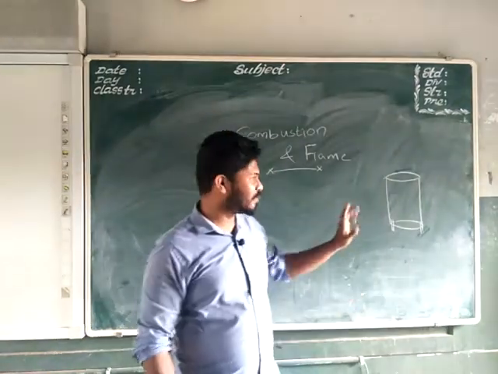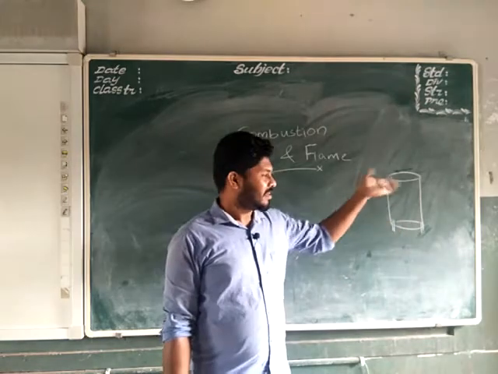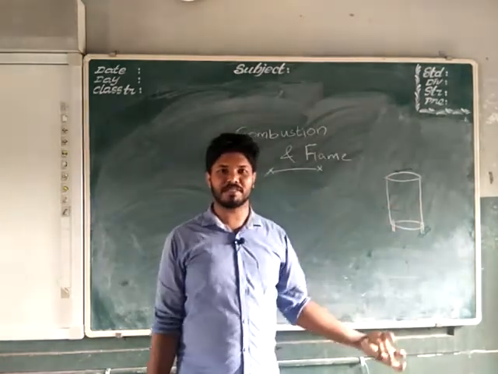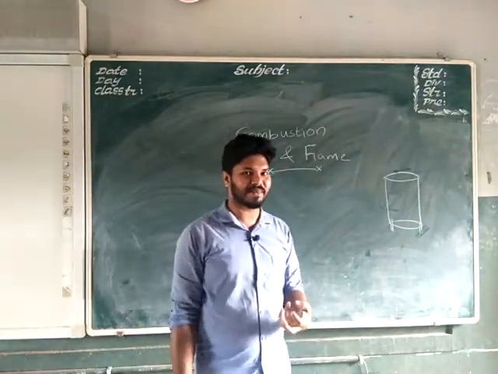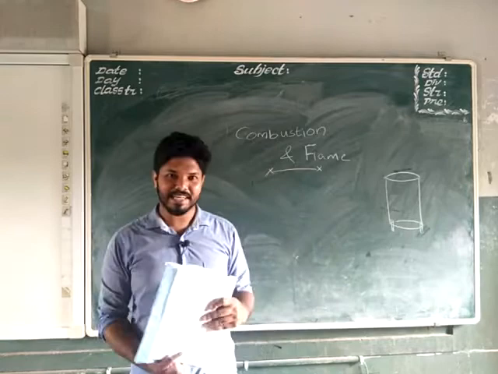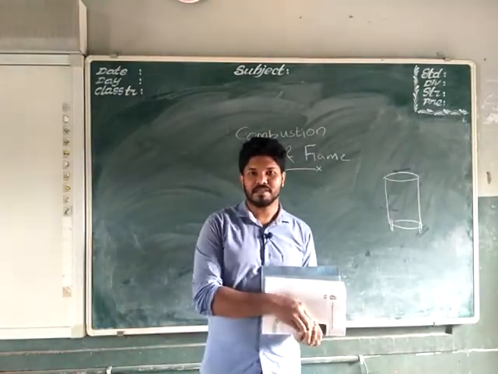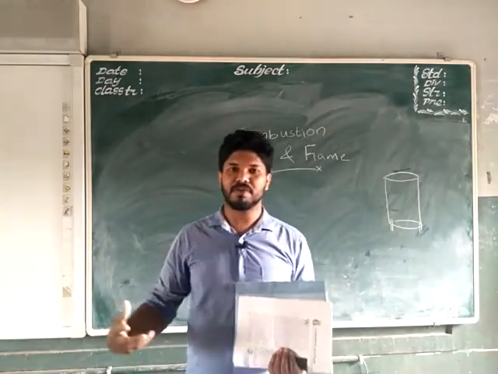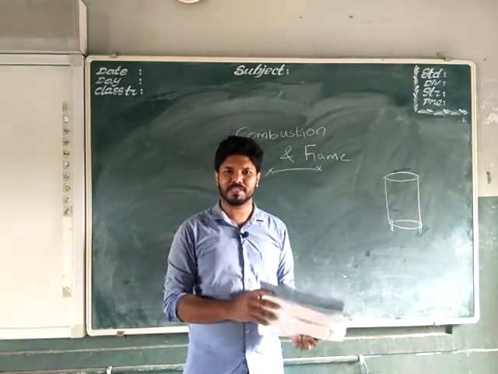So this experiment gives us an inference, or a result, that combustion always needs air or the presence of oxygen; then only it will burn. That is why, at the time of extinguishing fires, if a person has fire on his body, we put a blanket over his body. Why do we put this blanket?